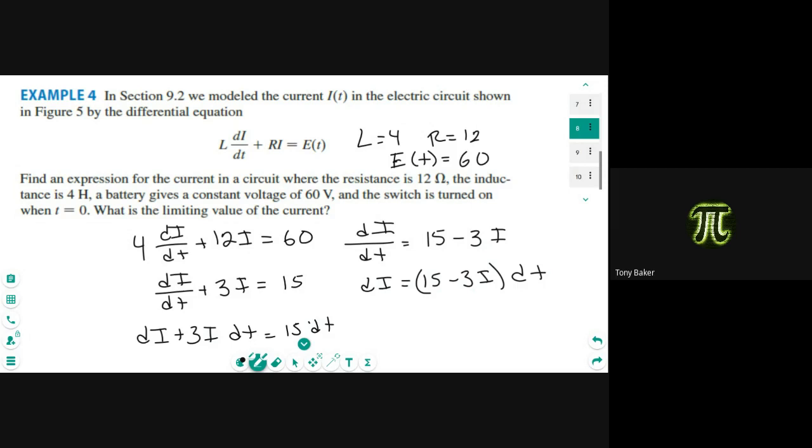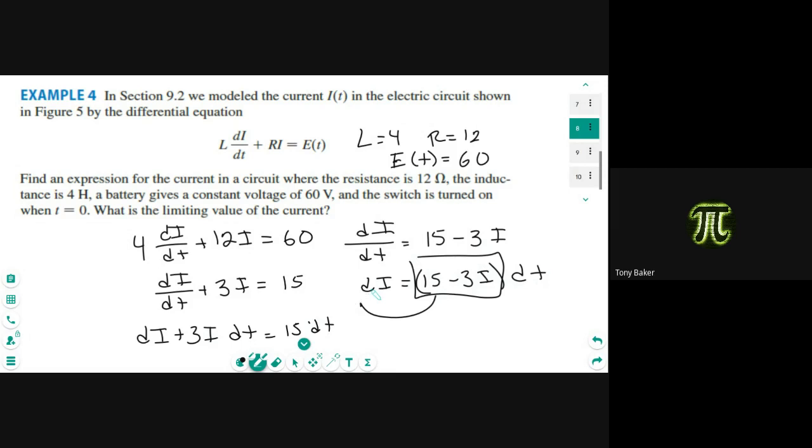All right, but I don't have the i's with the i's and the t's with the t's. So what do I got to do? I need to get this, or at least the 3i, but the 3i is with the dt, so I can't just pull out the 3i over here.